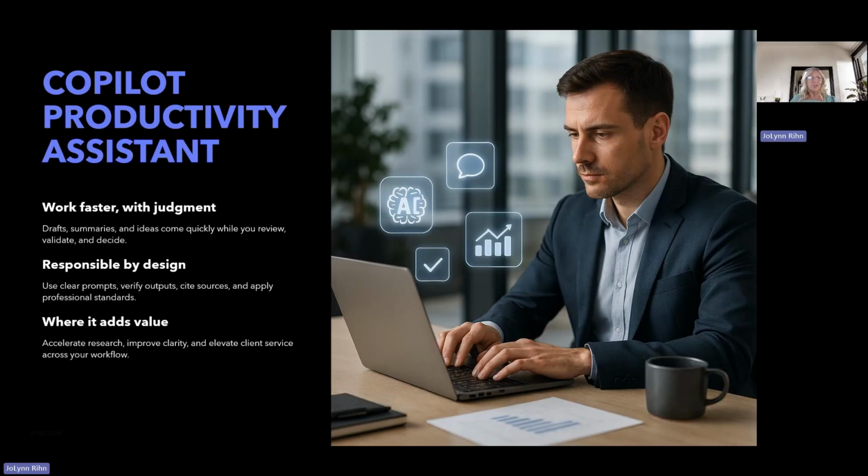So when it comes to working with Copilot, Copilot is our assistant. It is here to help us to really be more efficient, to stay in control of what it is that we need to be working on. Everything from the first draft to a summary, it can help us with drafting emails, creating documents, comparing documents.